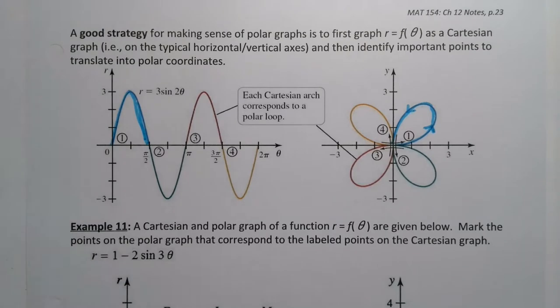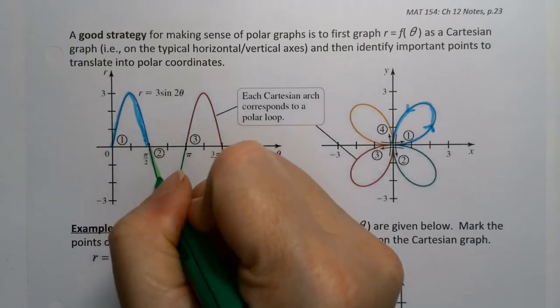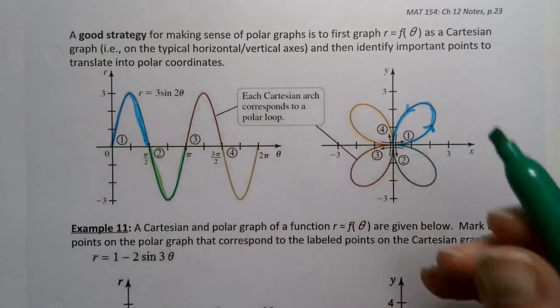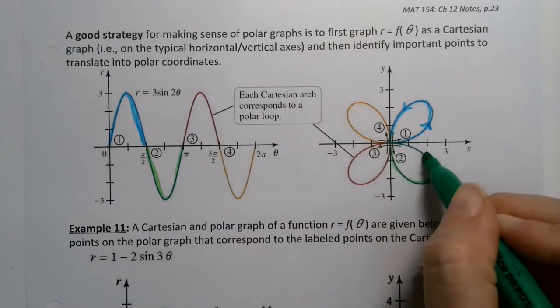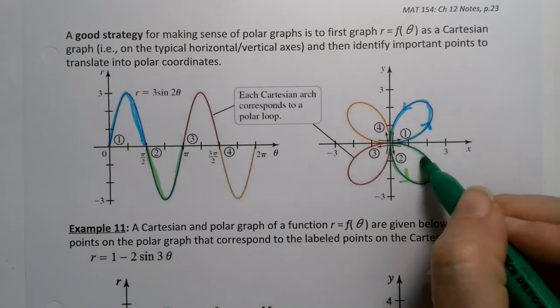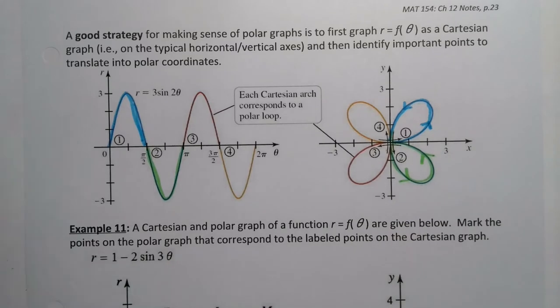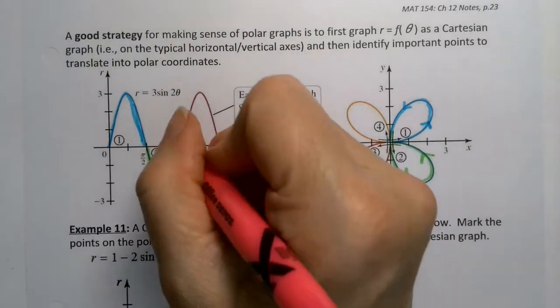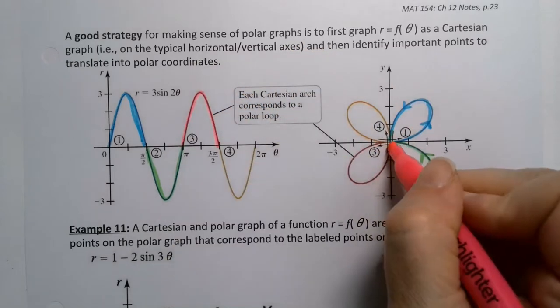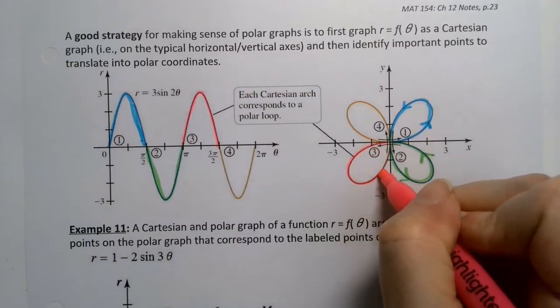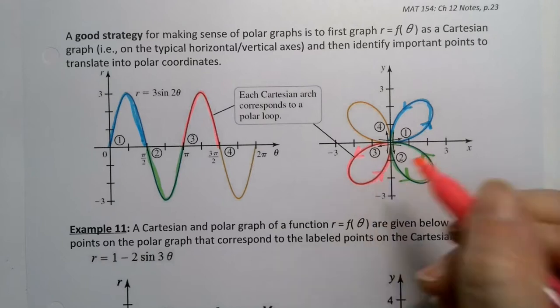Then this section in green corresponds to this section. So it comes through the origin, the pole, and comes around, and it goes this way. Then it goes to the pink portion, so that hill is this petal, and it kind of comes through like that.